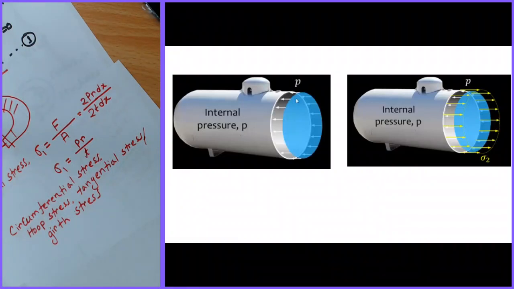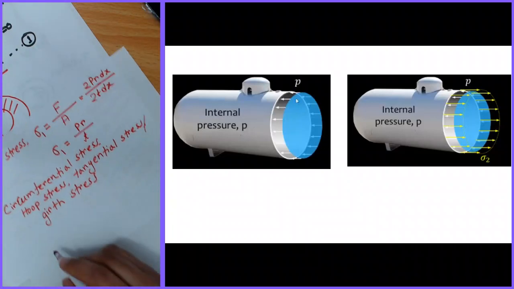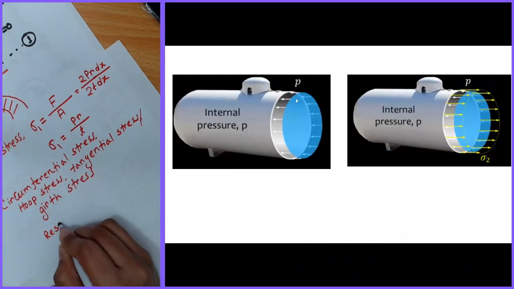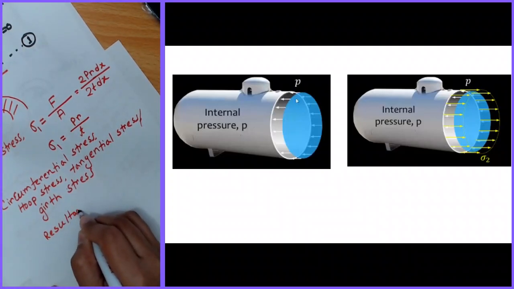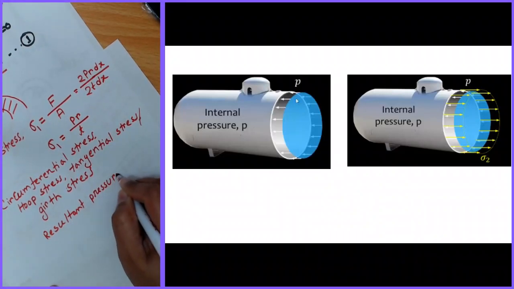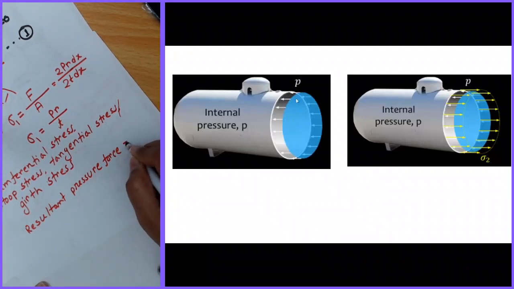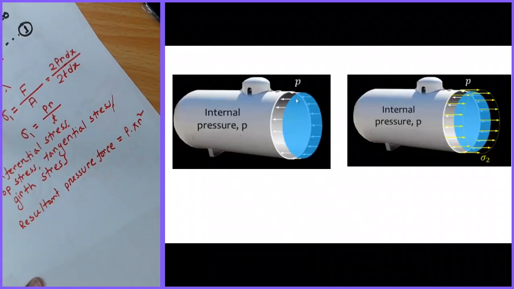Now we can say the resultant pressure force is P multiplied by the cross-sectional area pi r square.